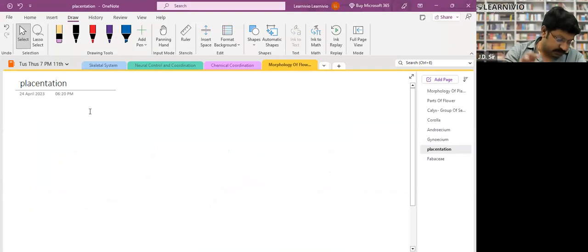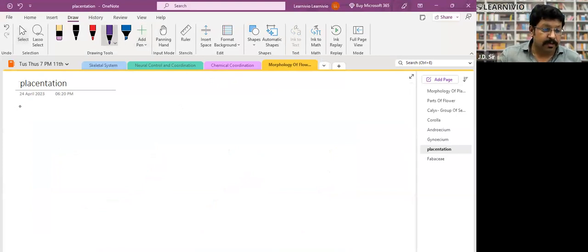Placentation is just the arrangement of ovules within the ovary.